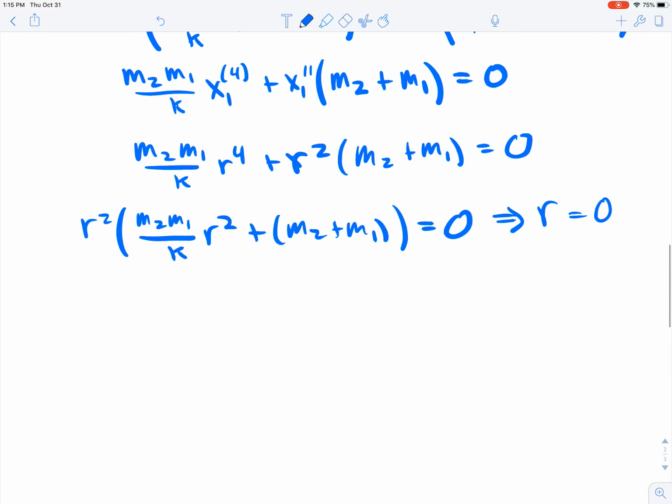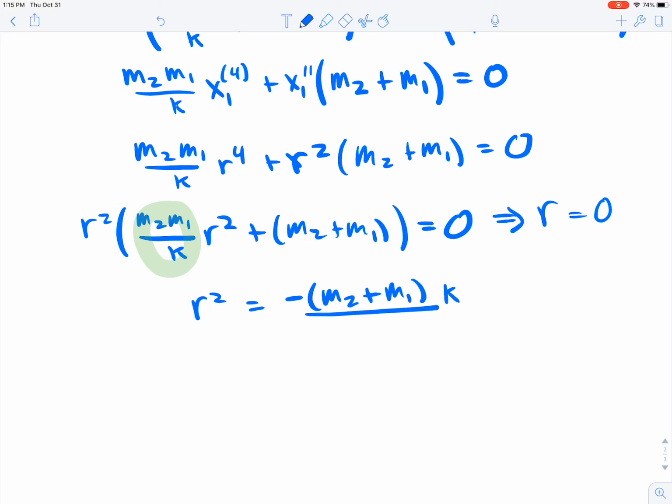And then we're also going to be getting r squared. We're going to subtract m2 plus m1, and we're going to divide by this quantity. So we're actually multiplying by the reciprocal.